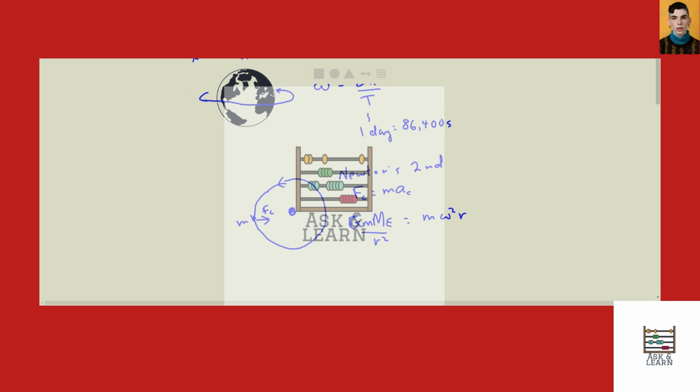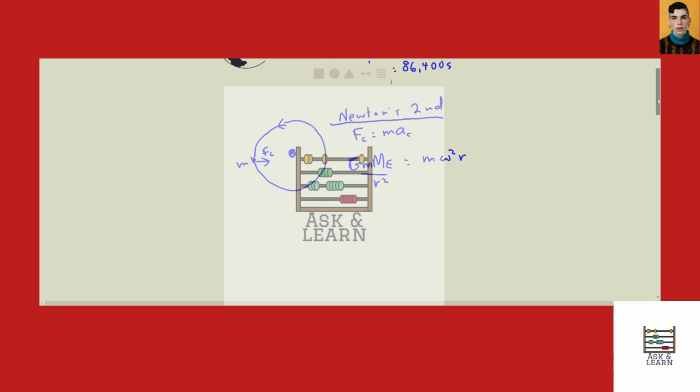And we can see that this is going to result in one of Kepler's laws, but with very specific constants in it. So what we're trying to do is solve for the radius given the period, and we know that the period is related to the omega squared.